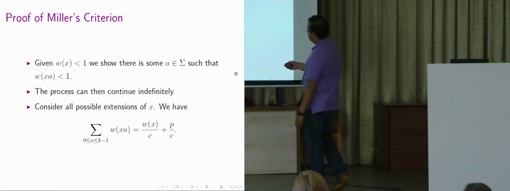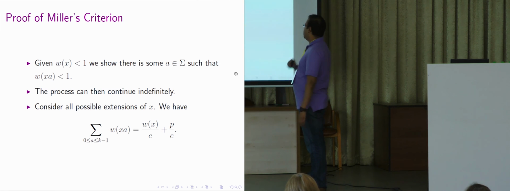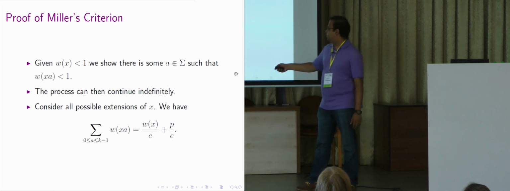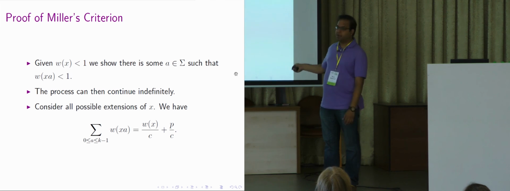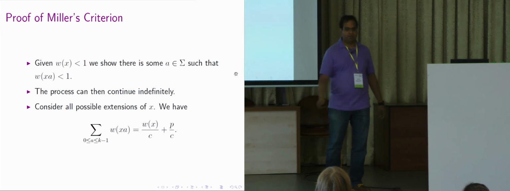So let's look at all the possible extensions of x. I claim that I have this formula: if I sum W of xa over all extensions a, that is equal to W of x over c plus p over c.